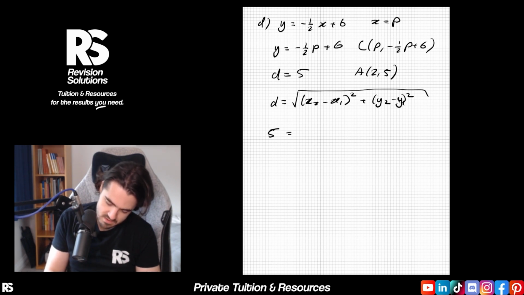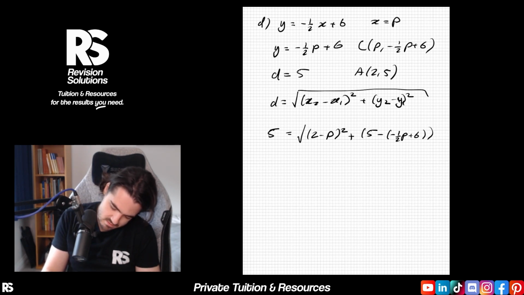So we'd have 5 would equal the square root of 2 minus p all squared plus 5 minus, and then we got two terms here, so whenever I subtract two terms at the same time, I'll put them in a bracket just to make sure I don't make a mistake with any double minus signs. So minus a half p plus 6, and close the big bracket, all squared.